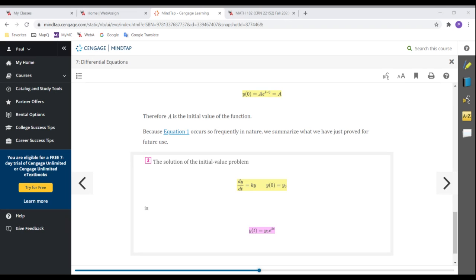In the pre-calculus book at Montgomery College, they have a section on exponential growth and decay models. Right at the beginning of the section, they give you this formula: y of t, the amount at time t, equals the initial amount, y naught, times e to the kt power.